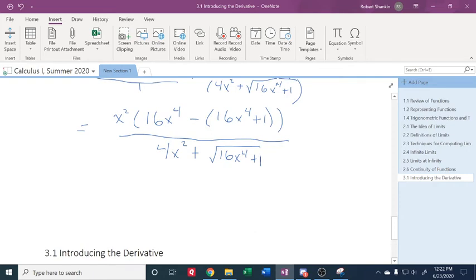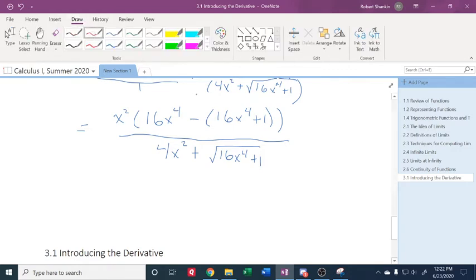And what happens up above is these cancel out, and I get equal to, this becomes a negative 1.